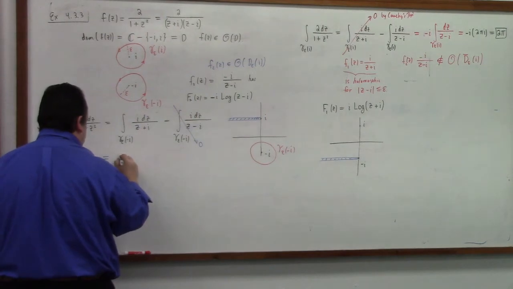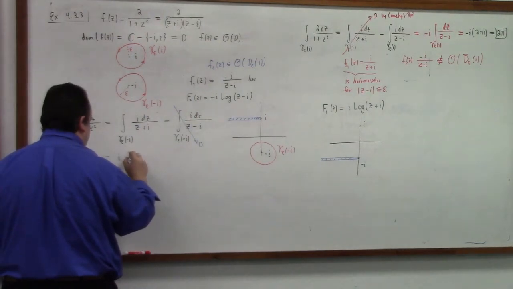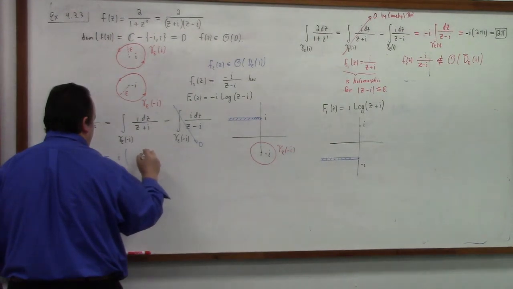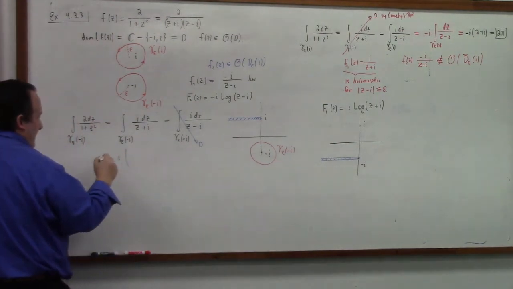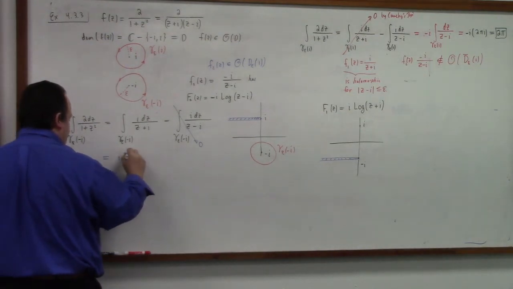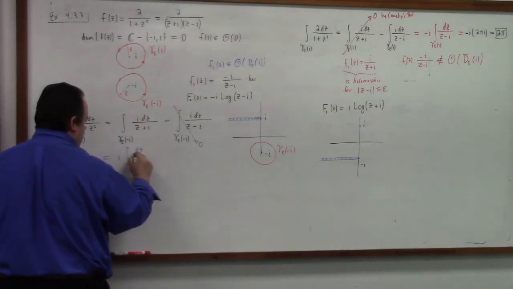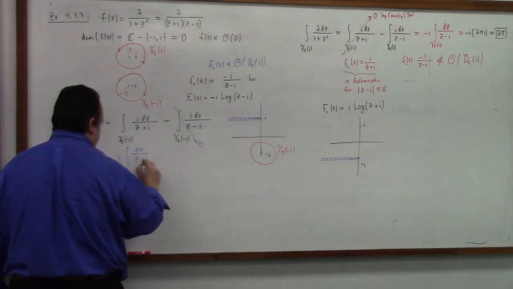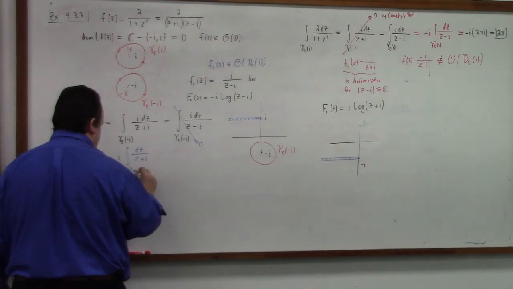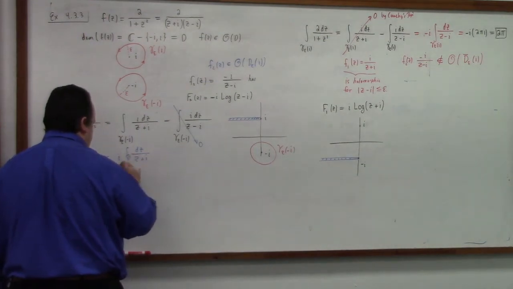What's this other one? We've got what? i times what? Nope. This is i times the integral of dz over z plus i, and you're looking at modulus of z plus i equal to epsilon, in the language of last time.